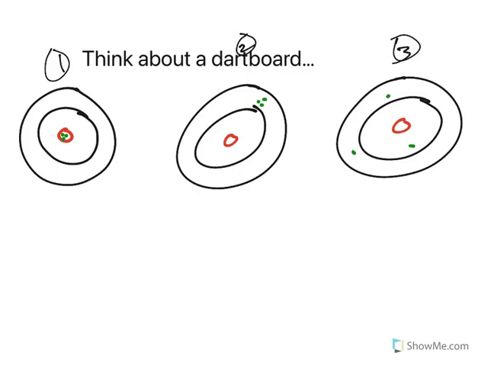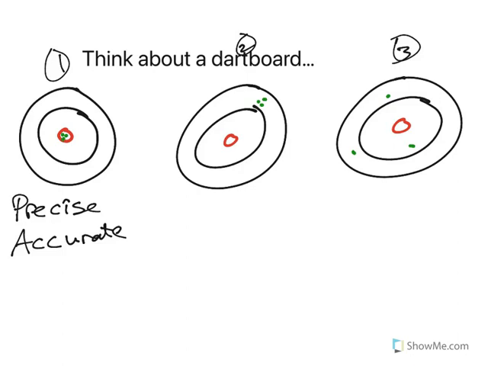In number 1, all 3 dots representing the darts hit inside the bullseye. So this is precise because all 3 are in the same general area, but it's also accurate because the true value on a dartboard, the goal, is the center. That's where we hit, and it's precise because they are all grouped together.